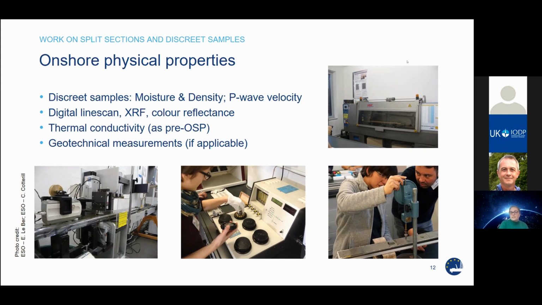And if the science calls for it, we can also integrate geotechnical measurements into the workflow during the onshore science party. But before we go to an onshore science party, we go back offshore, and I will ask Erwan to take over here and talk to us a little bit more about downhole logging.